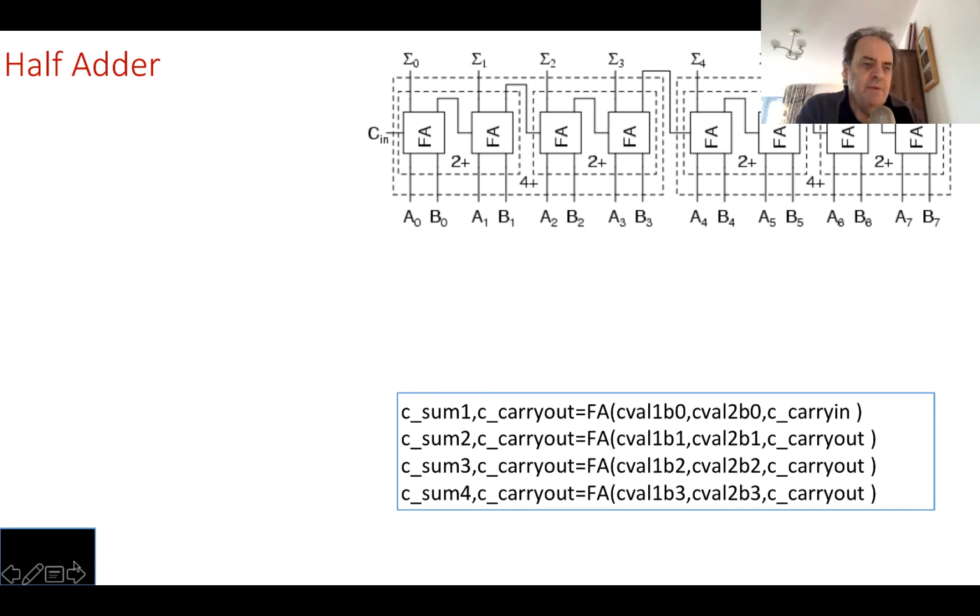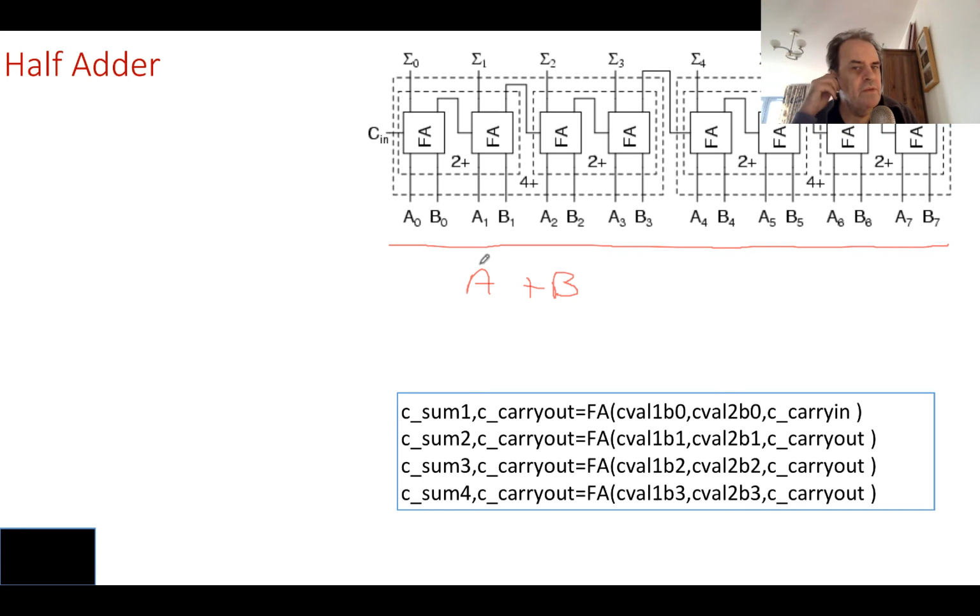If we now keep building this up, this is what a complete adder circuit will look like. So in this case we've got 8 bits going in for a value of A plus B. Okay, so we convert to each of the bits, so we've got A0, B0 and so on.